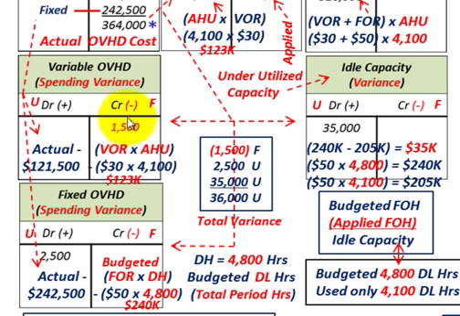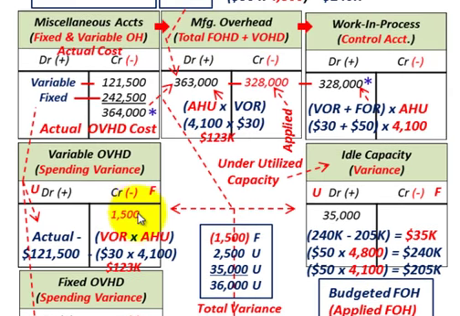And then we take our credit of $1,500 and reduce our debit amount by it. If you add everything up, it's going to balance with the credit, our actual overhead cost of $364,000.